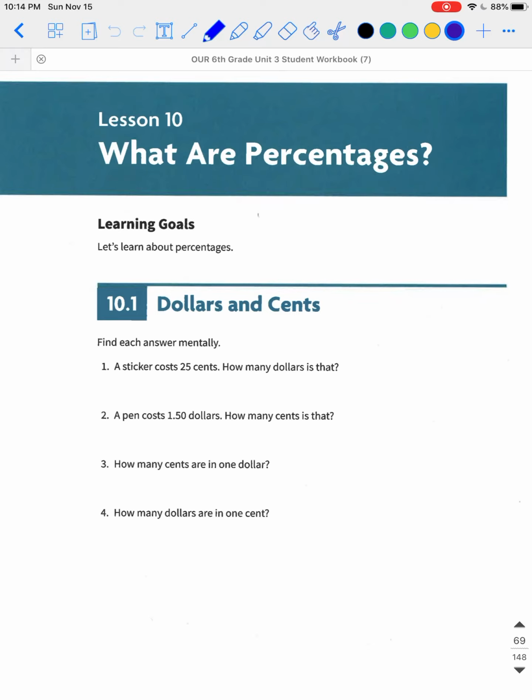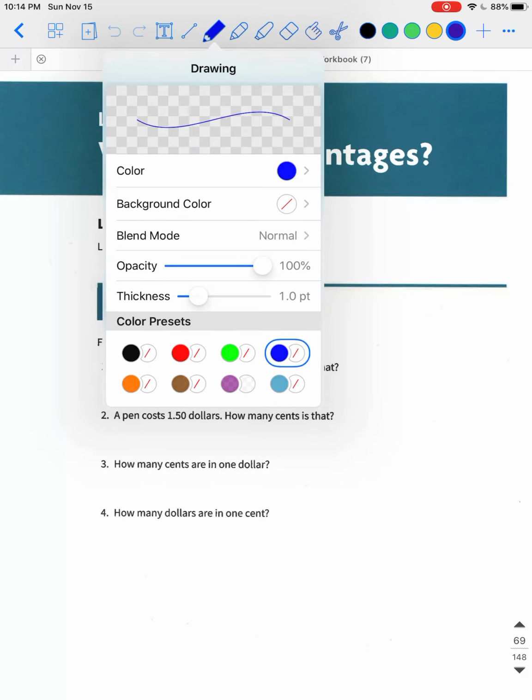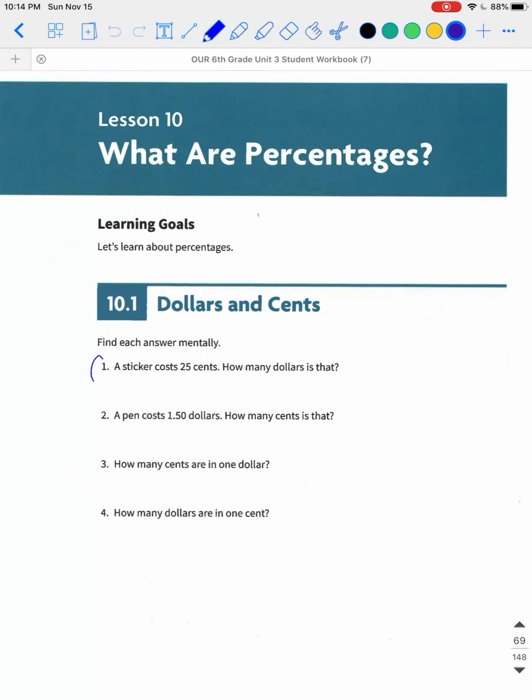So first, we're going to find each of these mentally. So let's start with number 1. A sticker costs 25 cents. How many dollars is that? Well, we know that 25 cents is not a full dollar. I always think about the machines outside of Food Lion where it might have 25 cents and I would put 1 quarter in. And I know that 4 quarters, or 25 cents 4 times, equals $1, right?